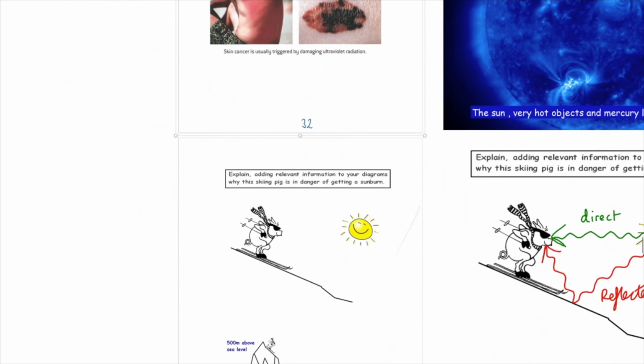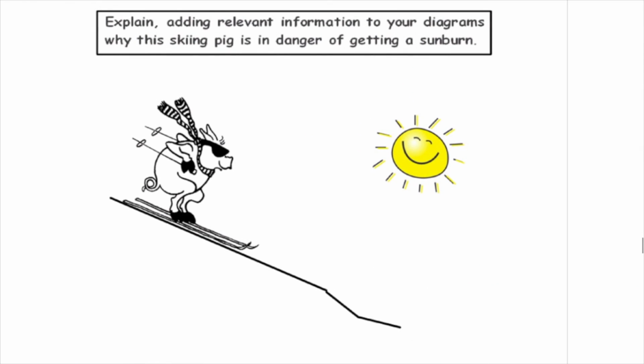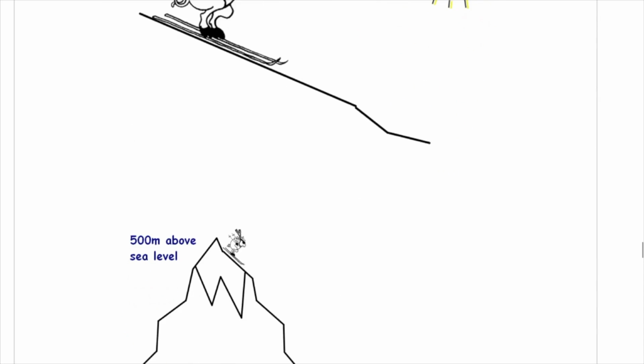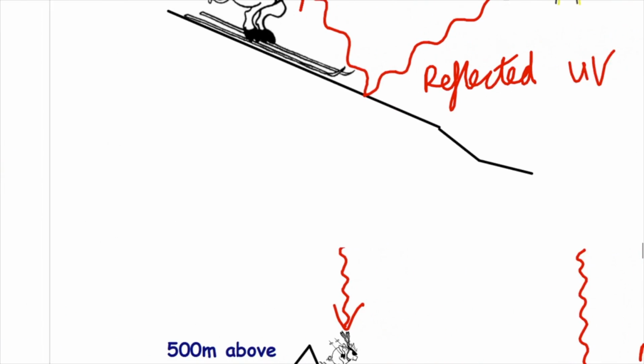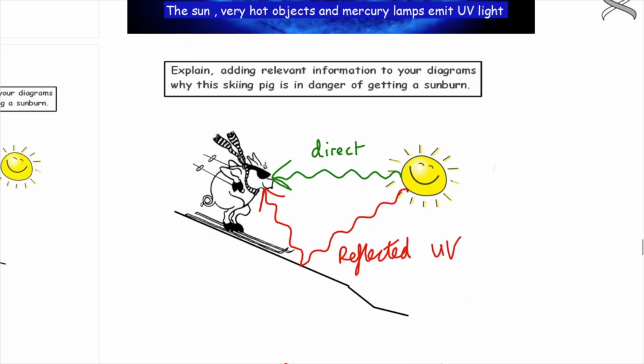So to illustrate that point in your book, what I'd like you to do is explain by adding relevant information to your diagrams why this skiing pig is in danger of getting sunburn. So there he is, 500 meters above sea level and sea level there. So this is one way you can add your own annotations.